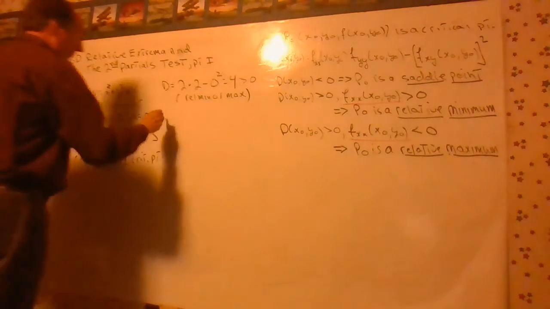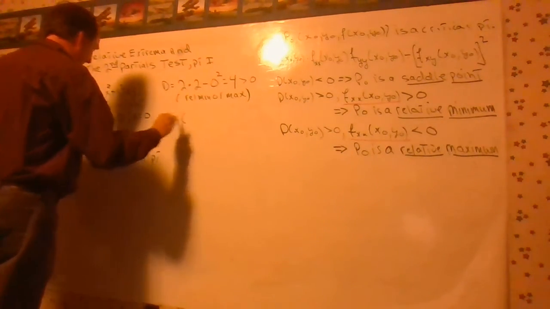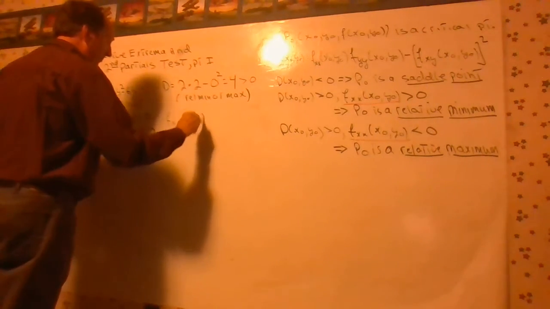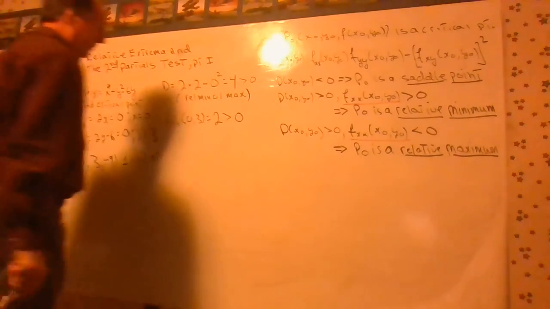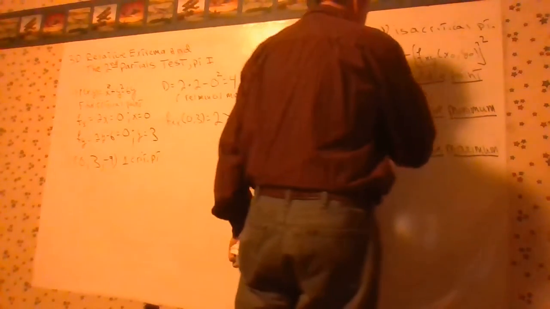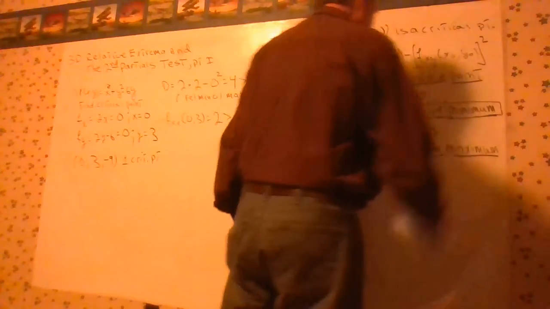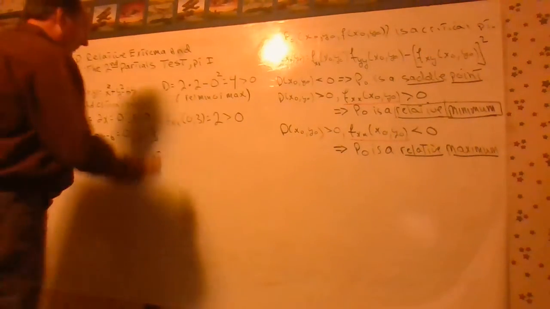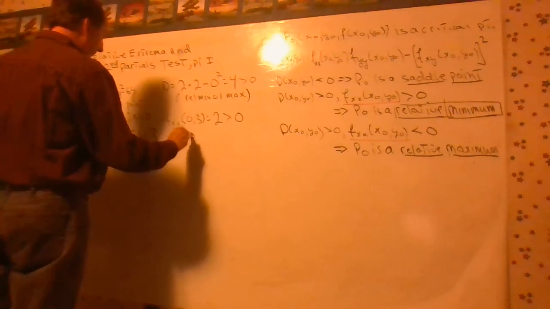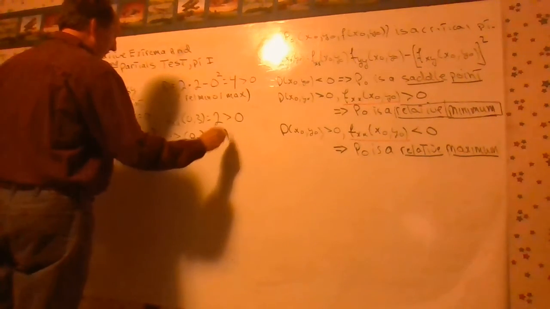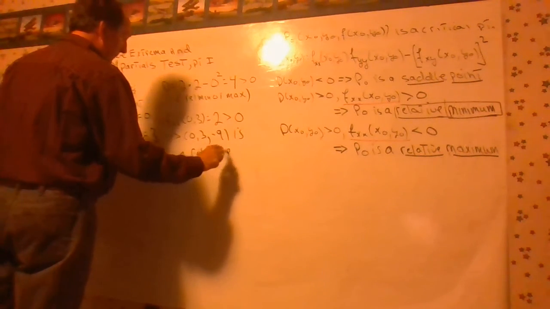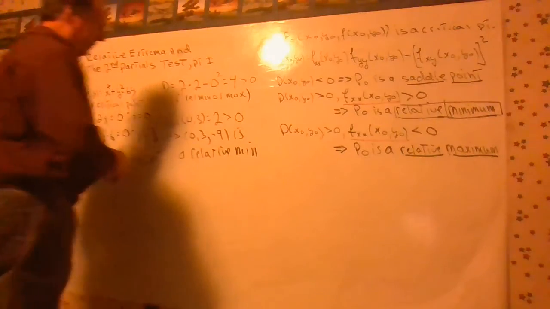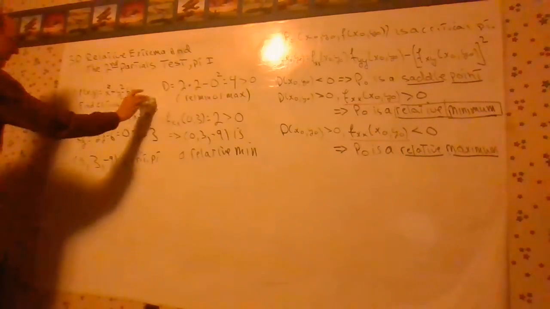So the second x partial is 2, f x x. At this point, 0, 3 is equal to 2. It's a constant 2, which is greater than 0. And greater than 0 says we have a relative minimum. This implies that 0, 3, negative 9 is a relative minimum. And that's no surprise.